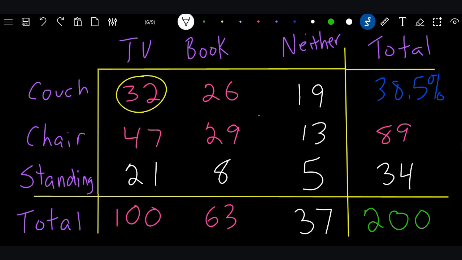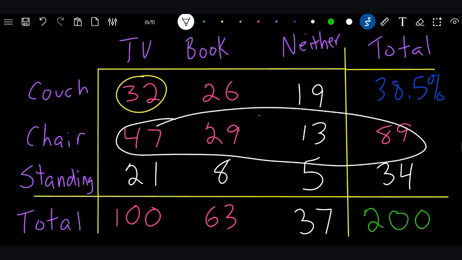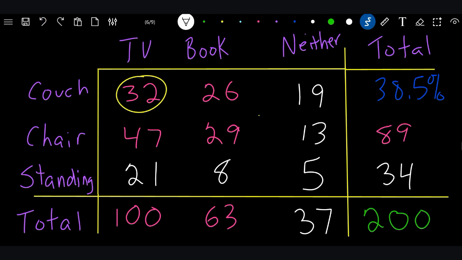But earlier when I did them just over their own row, like for example, when I showed you each row separately, those are on page number 518. So those are conditional relative frequencies based on column or based on row. And you would have to explain to me, okay, yes, I'm doing this based on row or I'm doing this based on column. So there's really three different ways that you could do these. You could do by row and column.